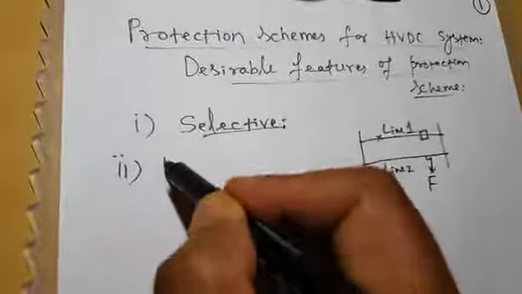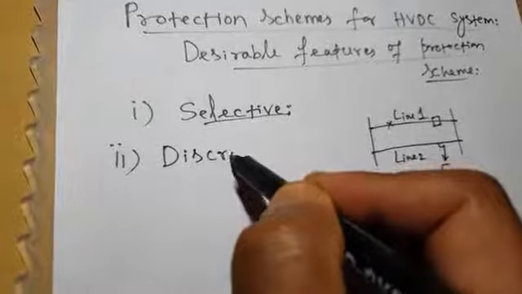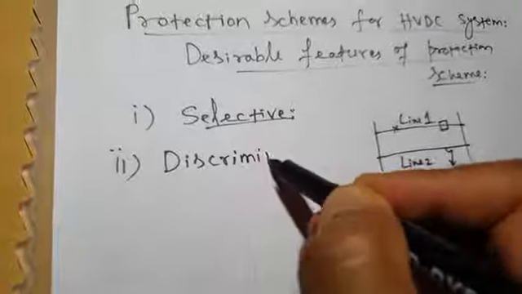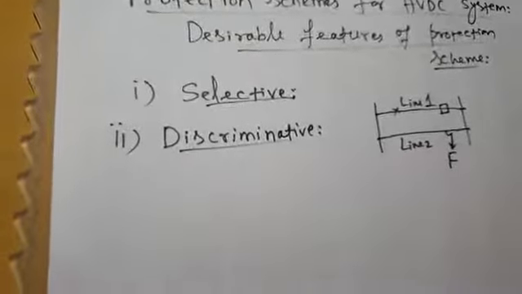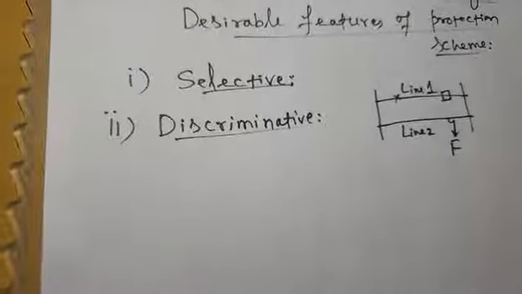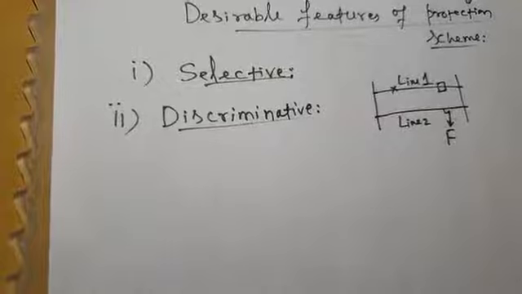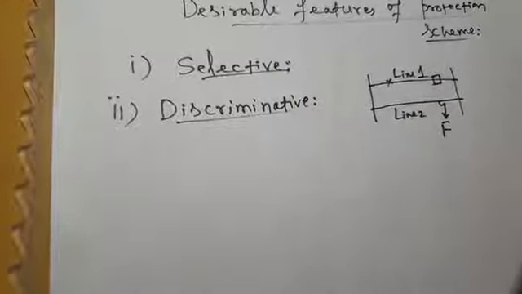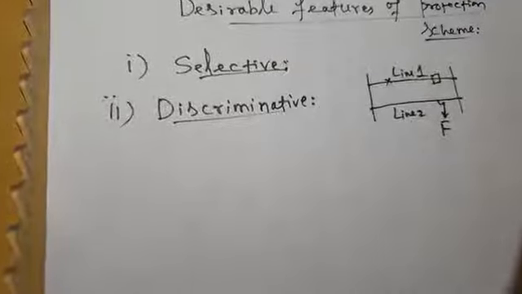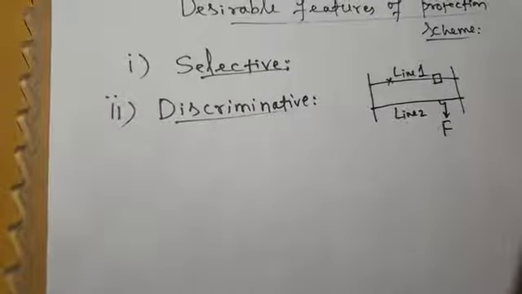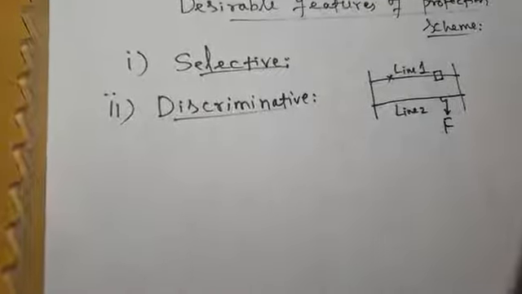The second desirable feature is that it should be discriminative in nature. Discriminative means: a fault results in an increase in the current, and an overload also results in an increase in the current. But your protection scheme should be designed in such a way that it operates only for a fault, not for overload.